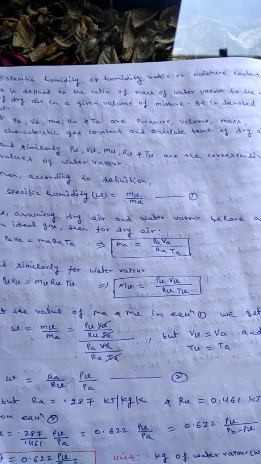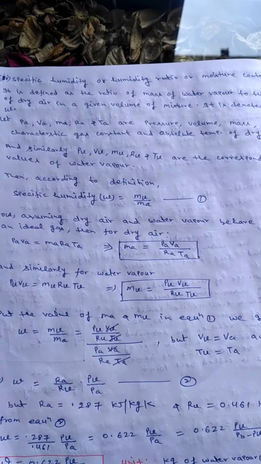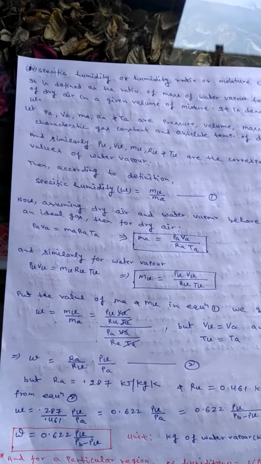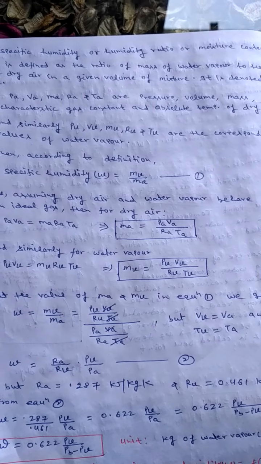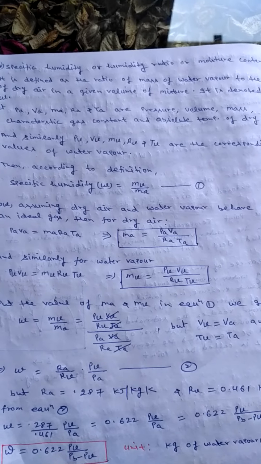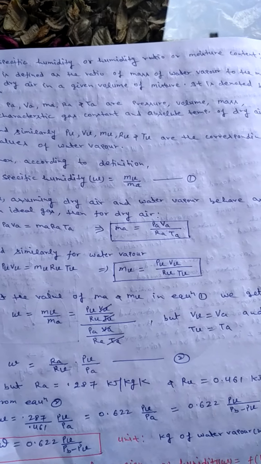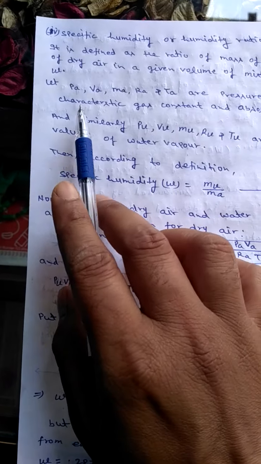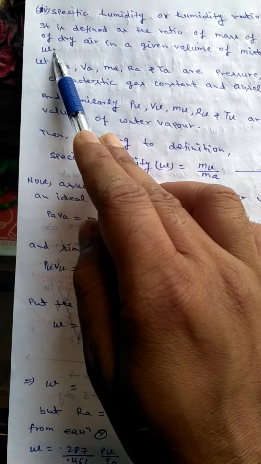Suppose we have a control volume, a room in which we have moist air. In that control volume, the ratio of the mass of water vapor to the mass of dry air is called the specific humidity, humidity ratio, or moisture content of that control volume. It is denoted by omega.